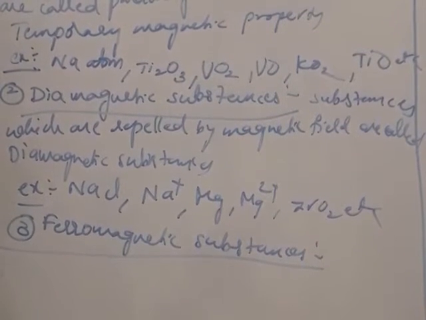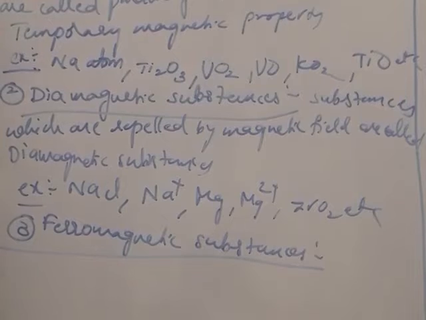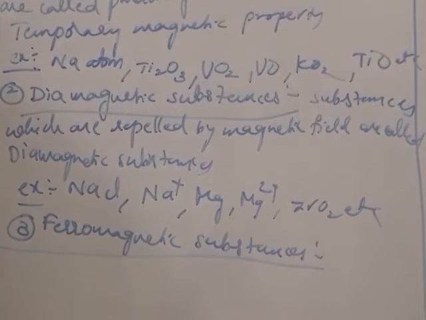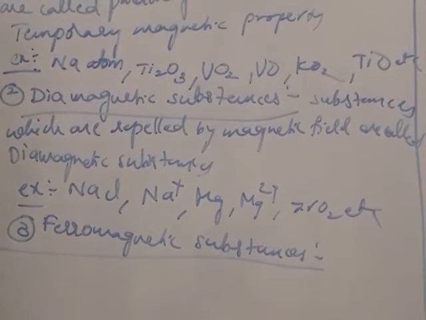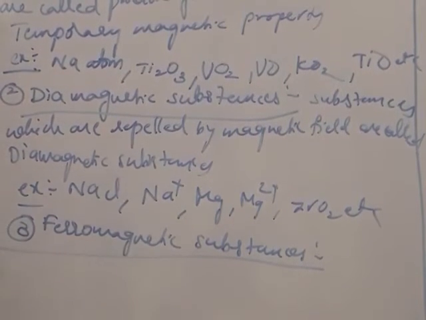When the substances are under the influence of magnetic field, the substances are strongly attracted by magnetic field. Even when the substances are removed from the magnetic field, they still exhibit the magnetic property. So that's why ferromagnetism is a permanent magnetic property.